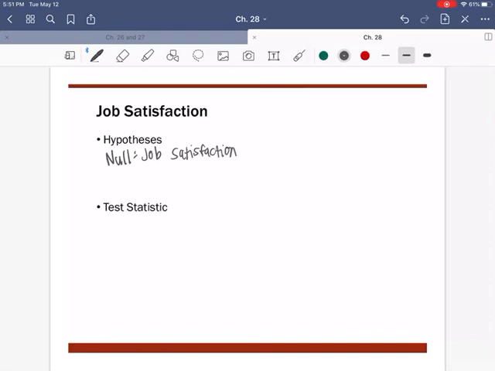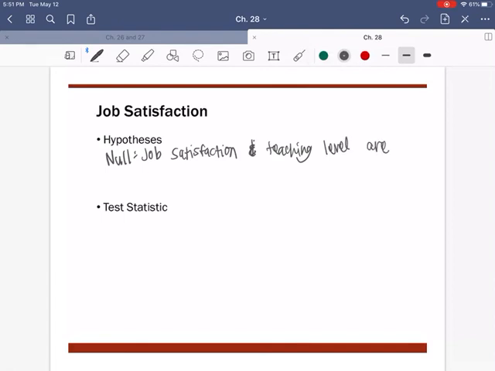Okay, the hypothesis is the two are independent of each other. So our null is job satisfaction and teaching level, whether you teach high school or elementary, is independent of each other. Elementary teachers aren't happier with their jobs than high school or vice versa.